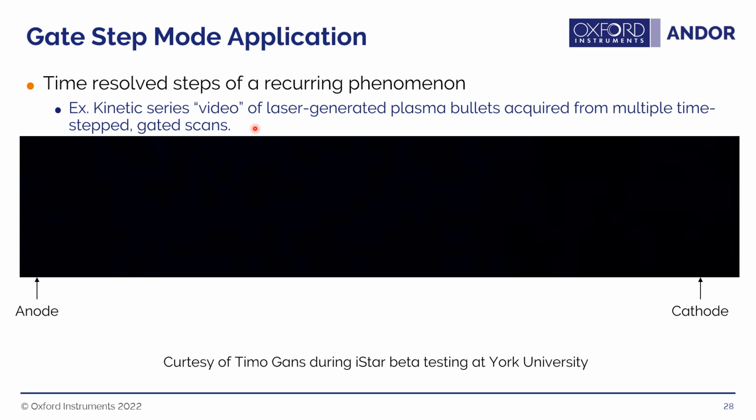What you should see is somewhere off to the right, I'm not sure the exact location, there's a cathode, and somewhere up to the left, there's an anode, and the plasma bullet travels from right to left.